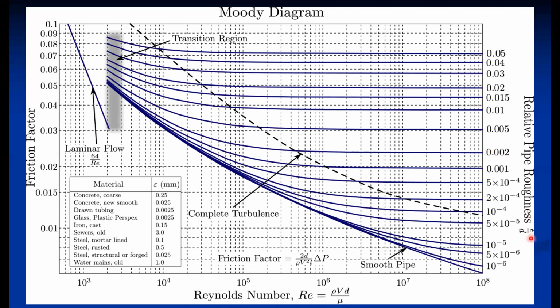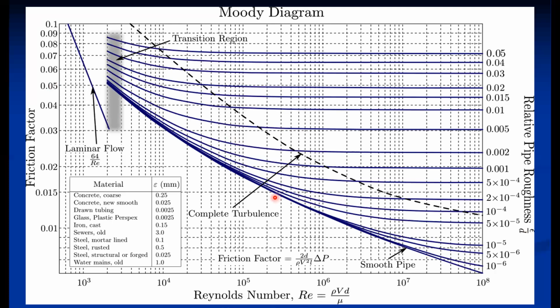If we know the roughness of the pipe and the diameter of the pipe, we know this particular line. Now if we know the velocity, and the diameter of the pipe is already known to us, and other flow parameters like density and viscosity, then for a particular relative pipe roughness, we can locate this particular point and get the value of the corresponding friction factor.